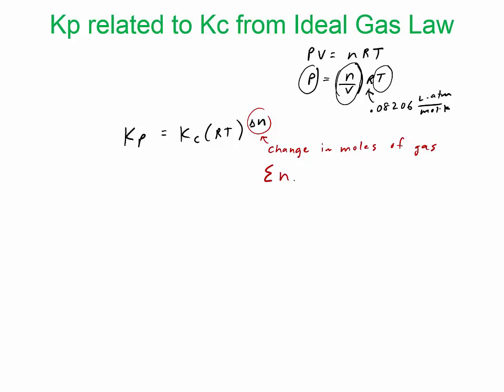This is going to be the sum of the moles in your gas products minus the sum of the moles in your gas reactants, and these are found from the coefficients. So what you're going to want to do is look at the reaction and then hone in on the gases, the substances that are in gas phase, and then count the moles on product and reactant side.